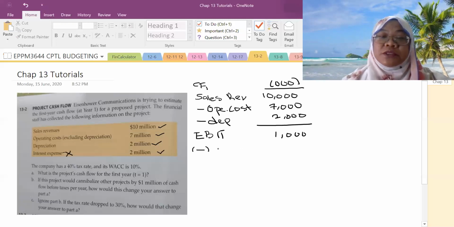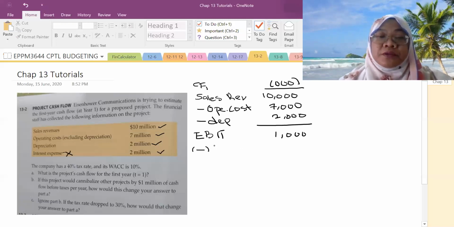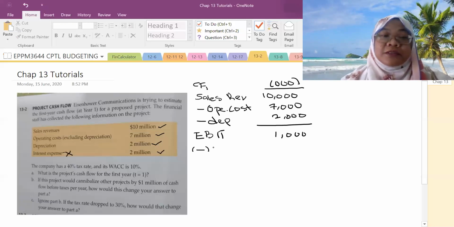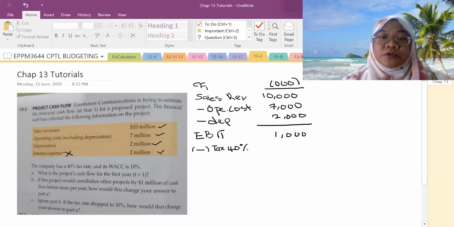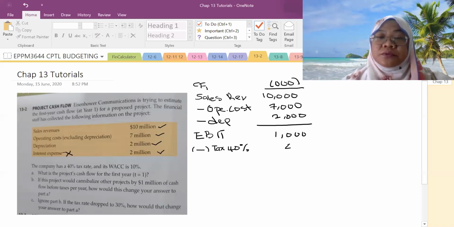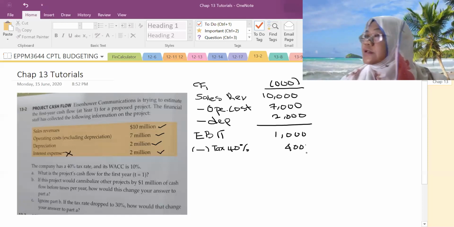But interest dah masuk dalam WACC. Alright, so EBIT, look at the tax rate. Yeah, the tax rate is 40%. Okay, so 40% of EBIT, which is 1 million, should give you 400,000, right?